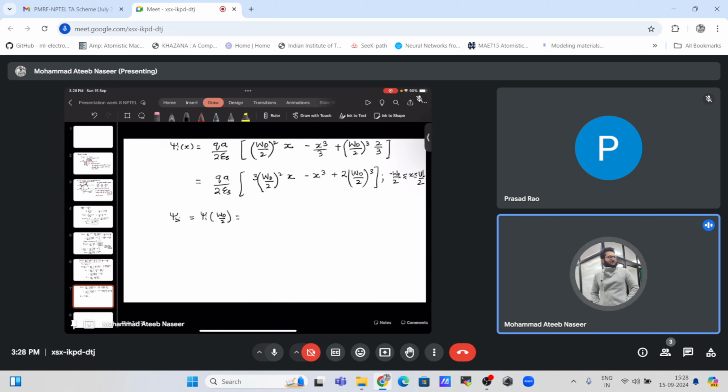We have to put WD by 2, so it will be qA by 2 epsilon s times 3 times (WD by 2) whole square into WD by 2 minus (WD by 2) cube plus 2 times (WD by 2) cube. So it is simply 3 minus 1 plus 2, it is 4. Sorry, it should have been 6 over here because I have taken 3 as common.